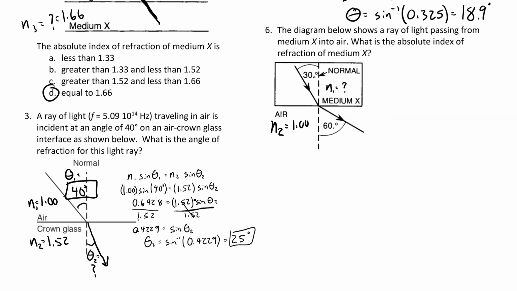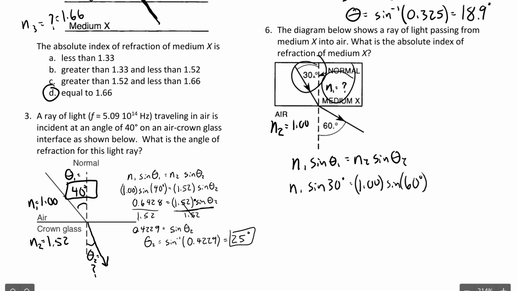So you write Snell's law. You substitute in. Now we don't know medium X, and that's where it starts. So we're going to leave that as N1, but that's okay because we know everything else. So again, making sure the 30 stays with the unknown index in your equation. And then you solve.